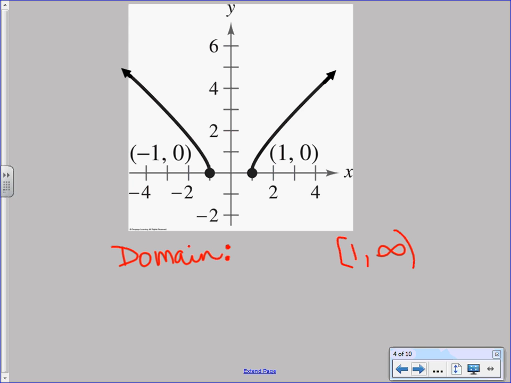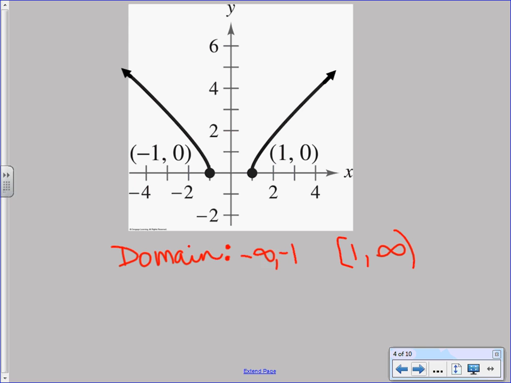Okay. So knowing that, how would we describe this piece? What would this interval be? We have everything from, okay, -1 to negative infinity. I'm going to write it in order as negative infinity to -1. If you write -1 to negative infinity, I won't count you wrong. It just looks nicer this way.